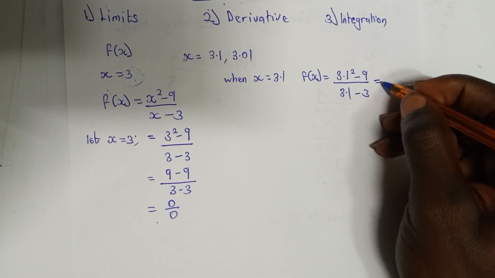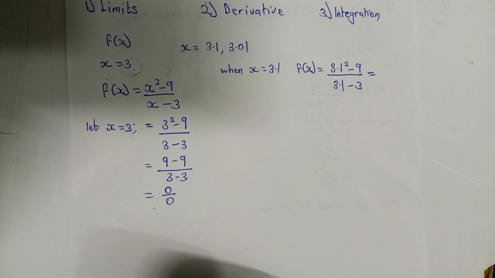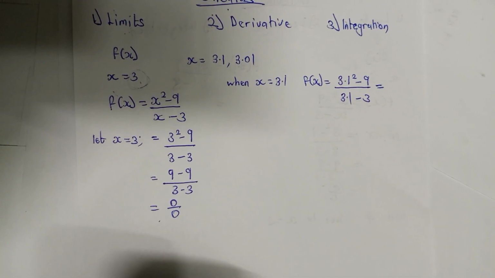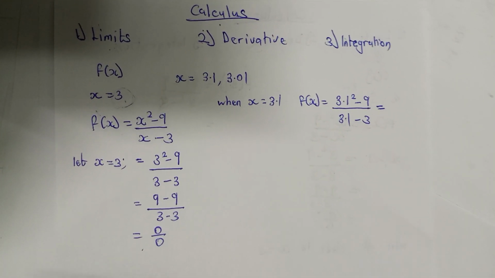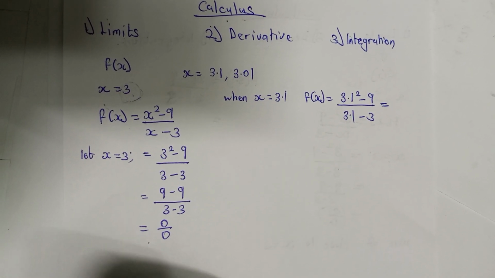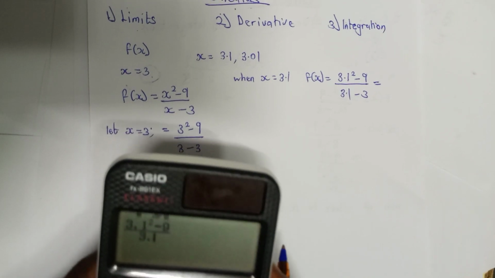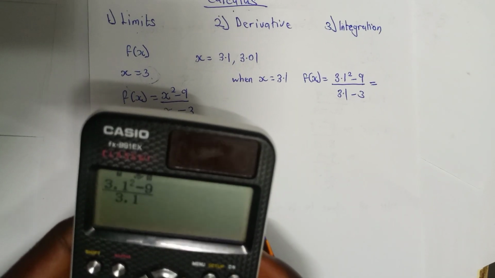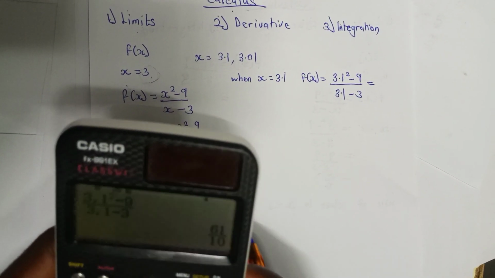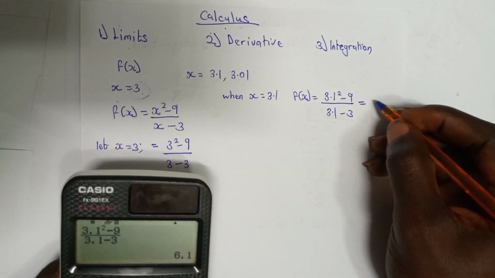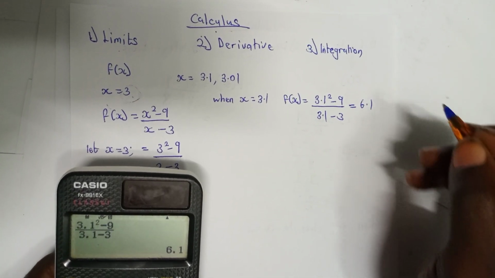With the help of the calculator, let me punch it. 3.1 squared minus 9 divided by 3.1 minus 3, our answer is 6.1.